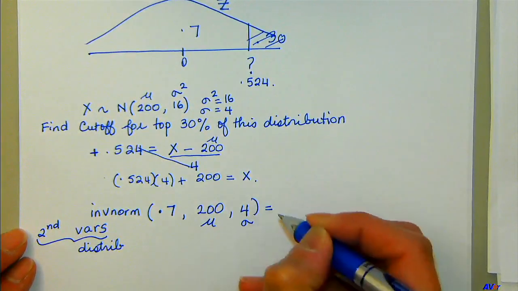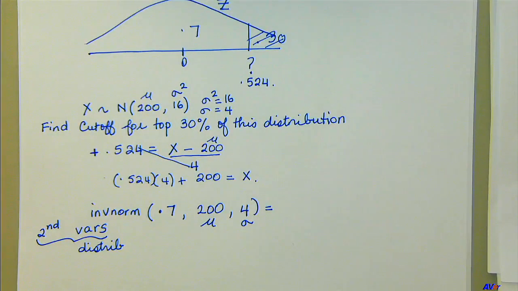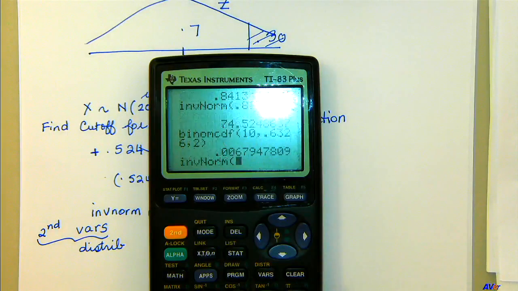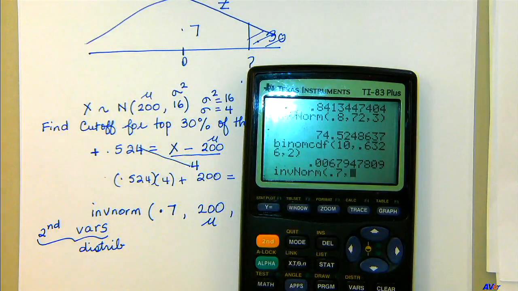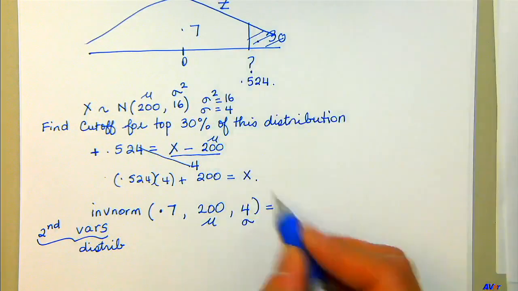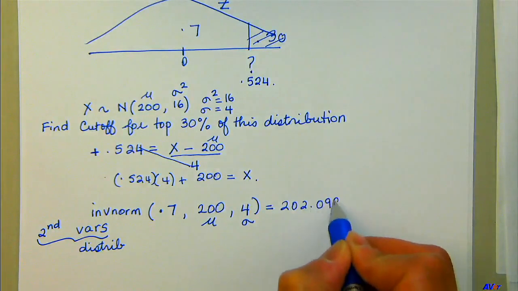So what does this give us? Let's check our answers, right? Let me grab my calculator. So second vars, inverse norm, 0.7 comma 200 comma 4. 202.098.